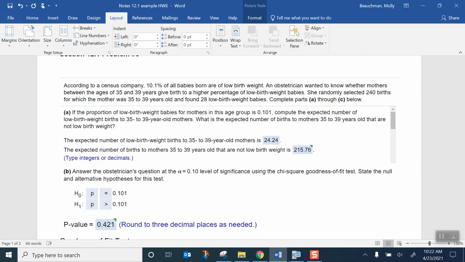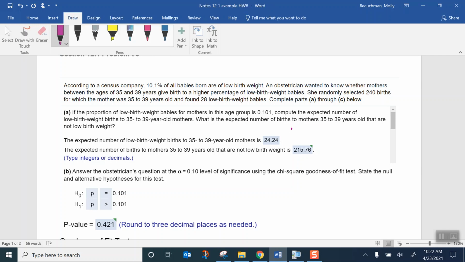So we take 0.101 times our sample size n, which is 240, and end up with 24.24. So that's the expected number of low birth weight births if it follows the counts above. The expected number of births to mothers 35 to 39 that are not low birth weight, you take 240 minus 24.24.